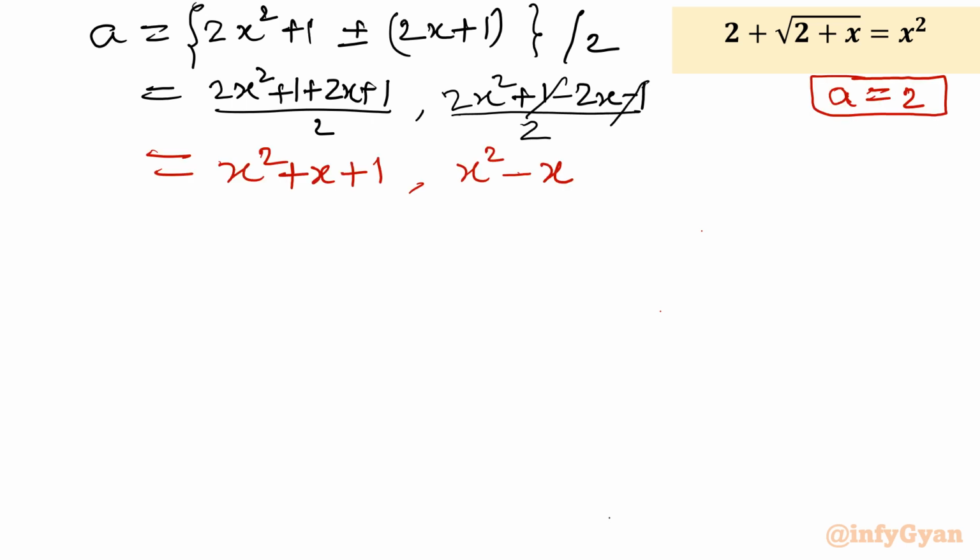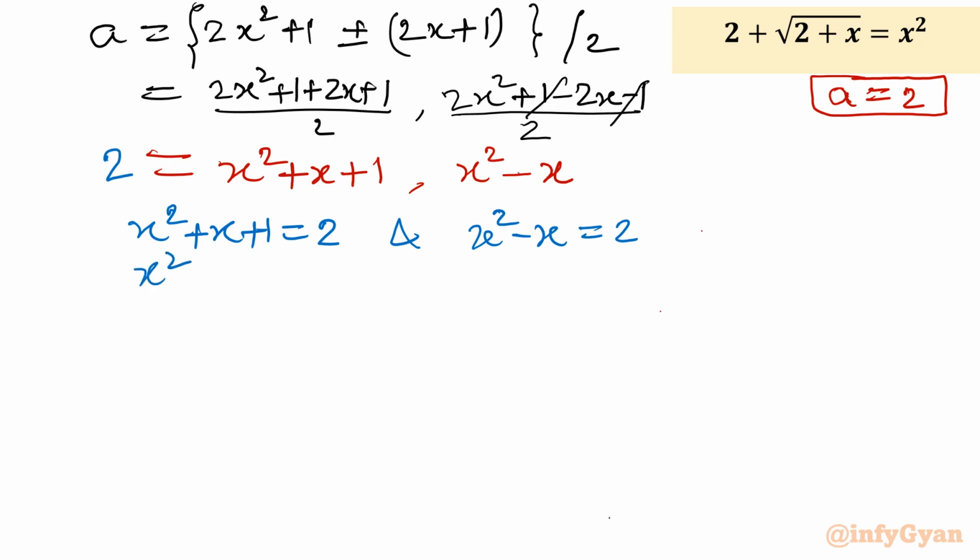LHS is 2. So there are two equations actually: x square plus x plus 1 equal to 2 and x square minus x equal to 2. So I will write the quadratic equations x square plus x minus 1 equal to 0 and x square minus x minus 2 equal to 0.